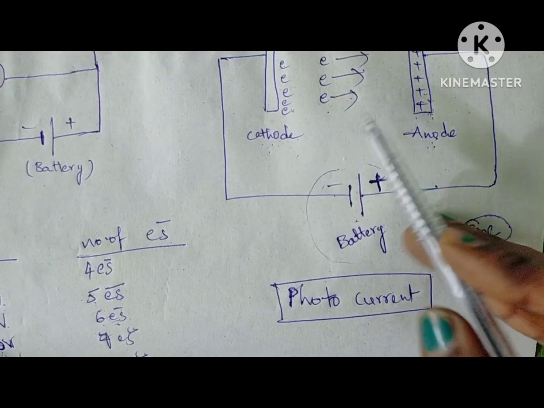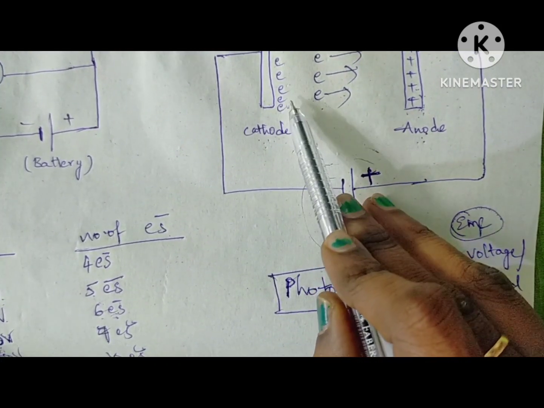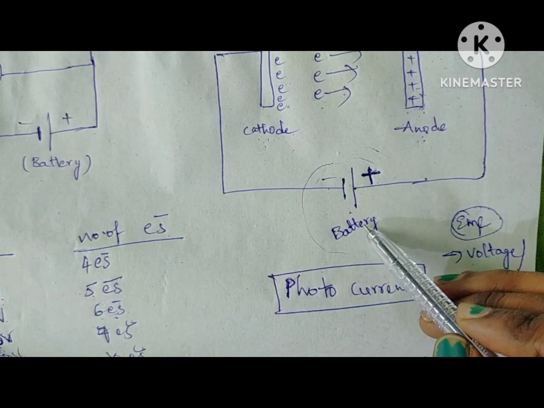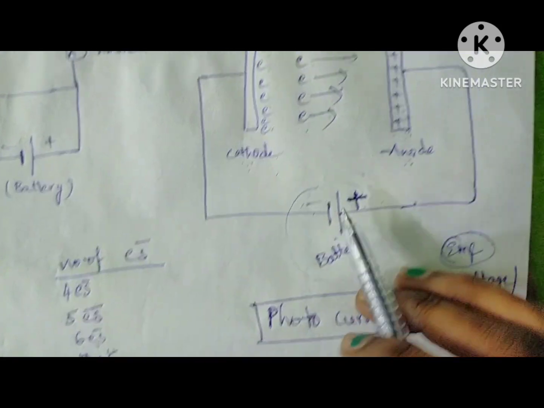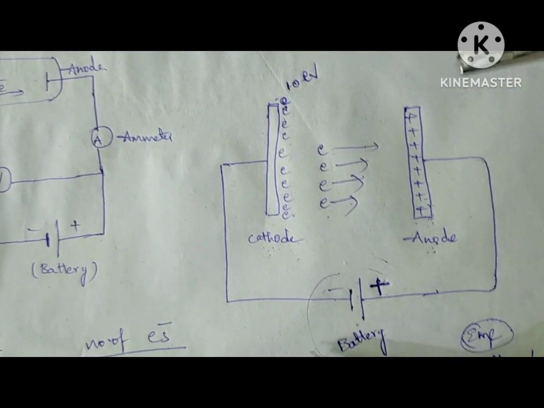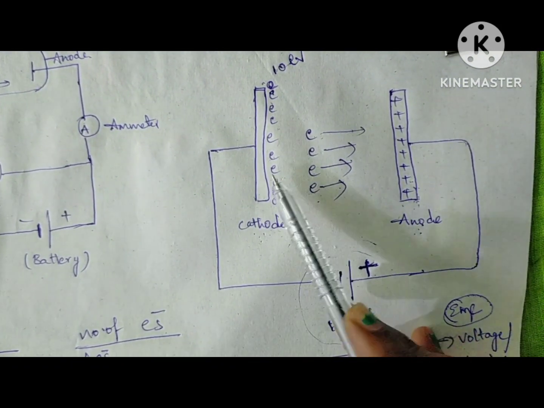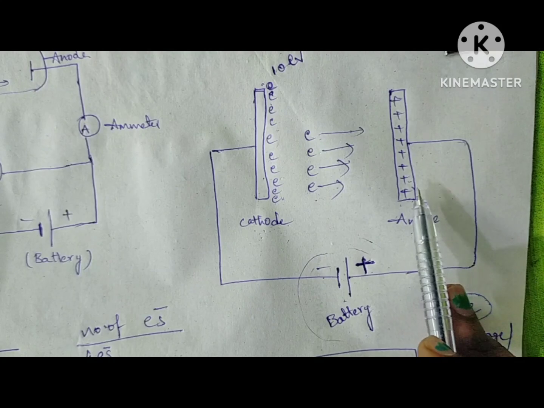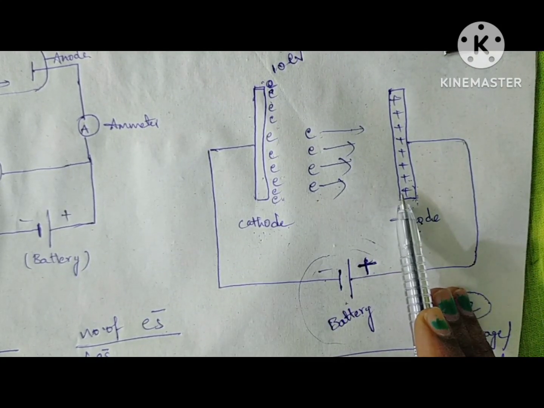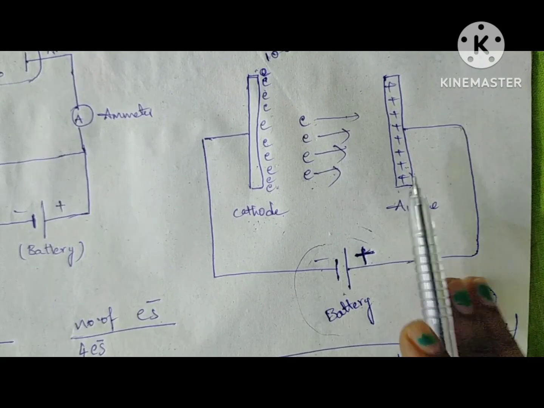That means when electrons flow from cathode to anode, by using this battery, a current is produced. Yes or no? So this process is called photocurrent. When electrons flow from cathode to anode, current is produced.